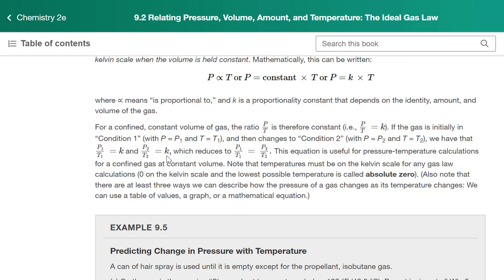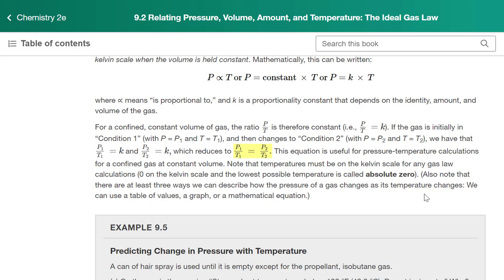Again, because that constant is kind of random, what we end up doing is using this equation right here: pressure 1 over temperature 1 equals pressure 2 over temperature 2. Okay, so this is basically the form of this gas law that we want to use. A ratio showing the relationship between pressure and temperature and how we would use that to find one of those missing variables. So if we know 3 of those 4, we can find the other one.